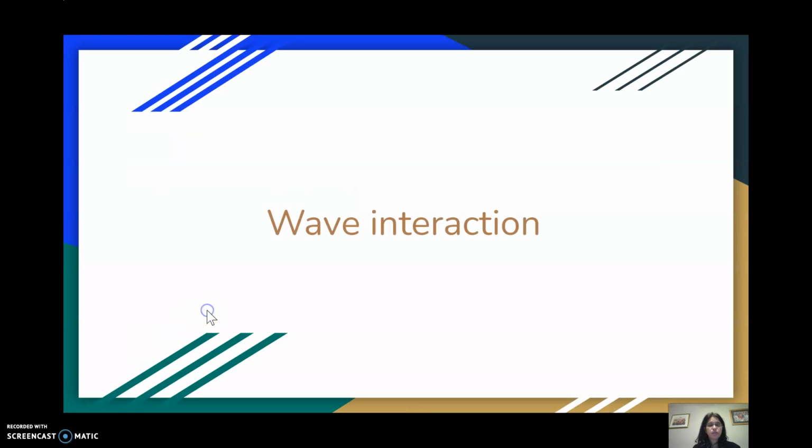So we are going to learn today about wave interaction. You remember yesterday we watched a video about polarized sunglasses, and we were wondering how they work. We had so many questions, so many wonderings. To understand how these sunglasses work, we need to understand how light waves interact with the medium.